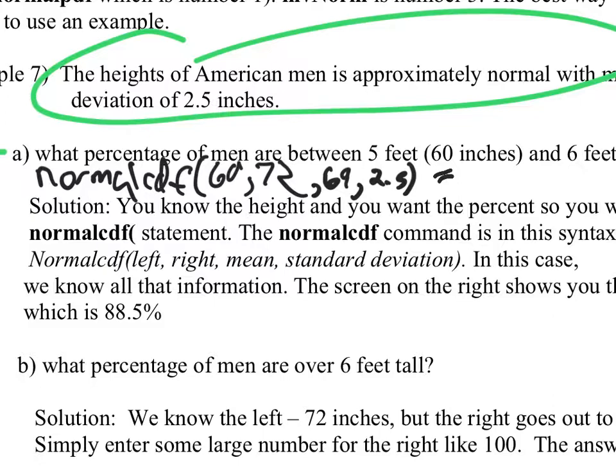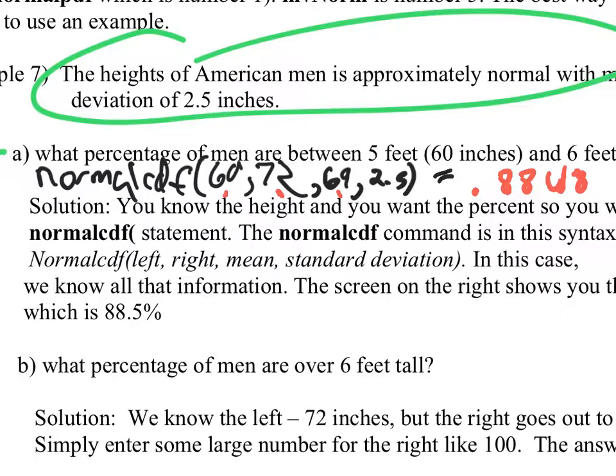But I'm showing my calculator step. You put what number as the first one? 60, 72, 69, 2.5. Answer is? Point what? 0.8847? 0.8848.